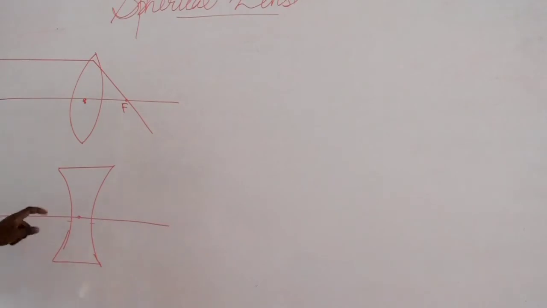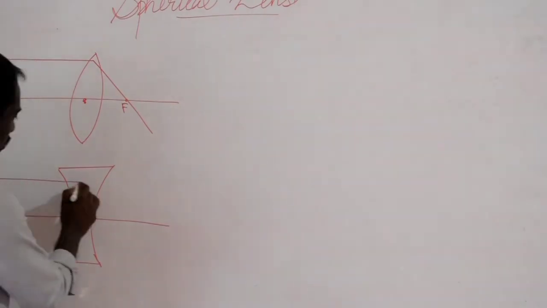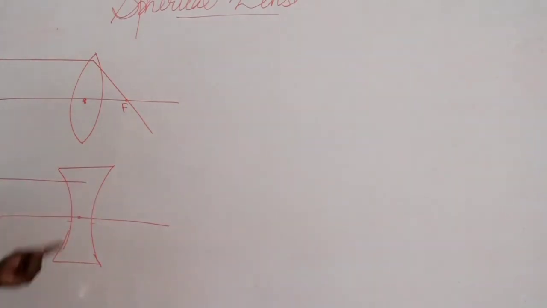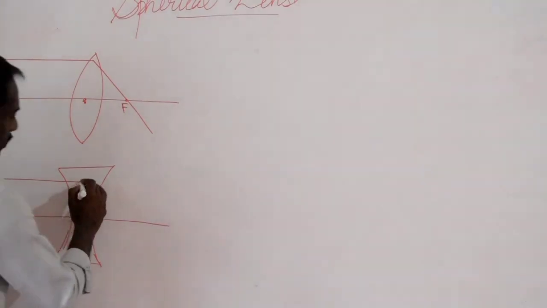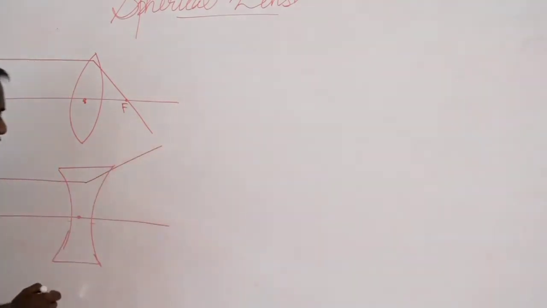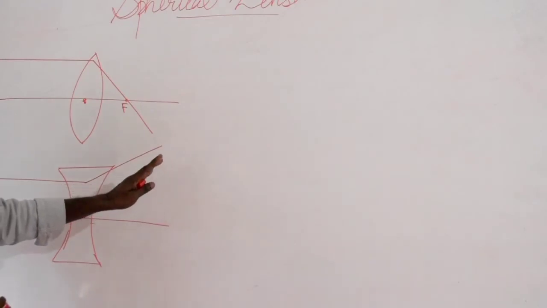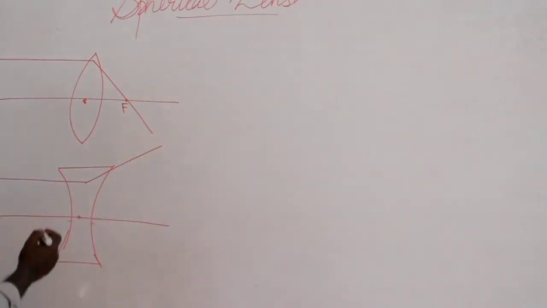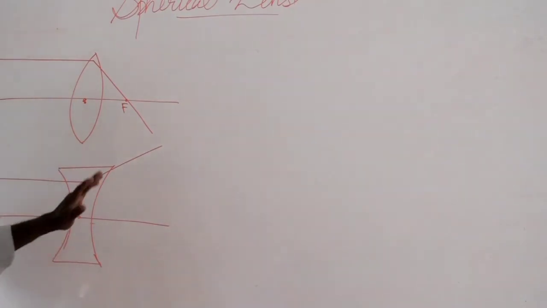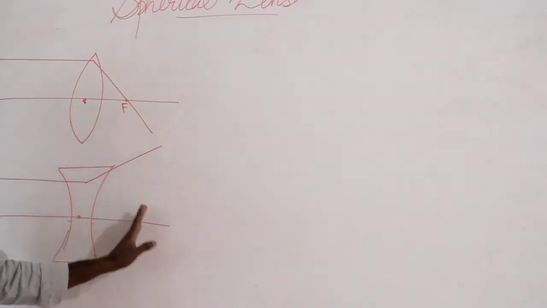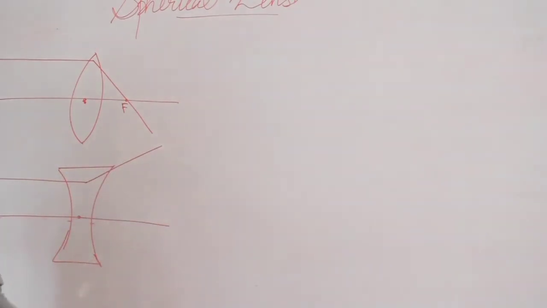And for a concave lens, a ray of light parallel to the principal axis is diverged after refraction, since it is a diverging lens. This ray has no intention to pass through the principal focus of the lens.